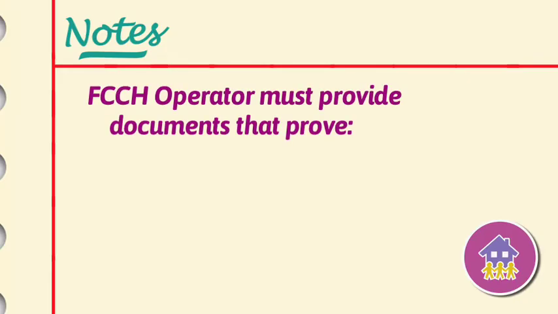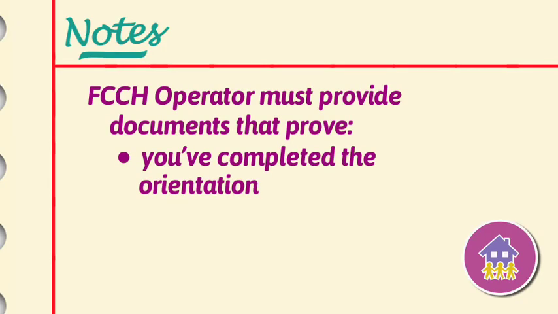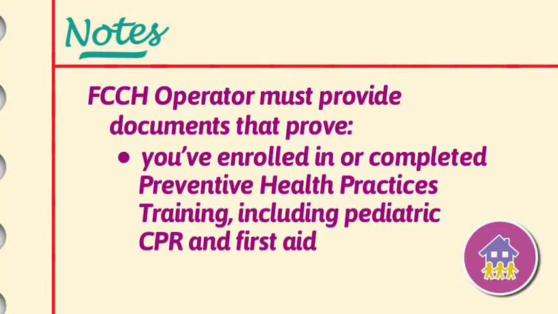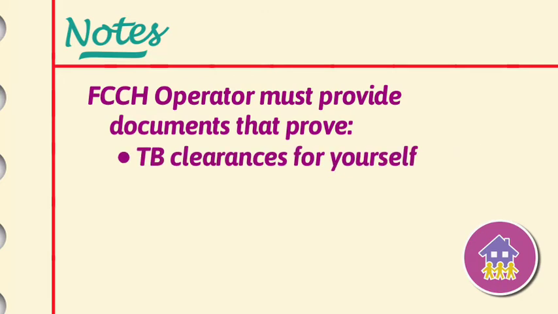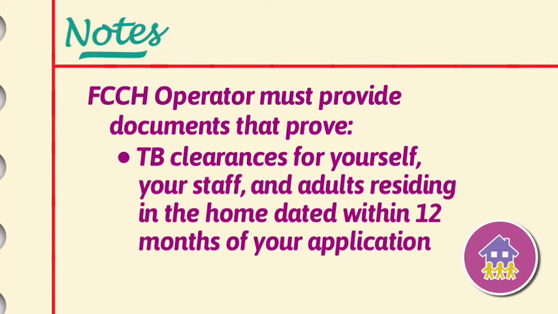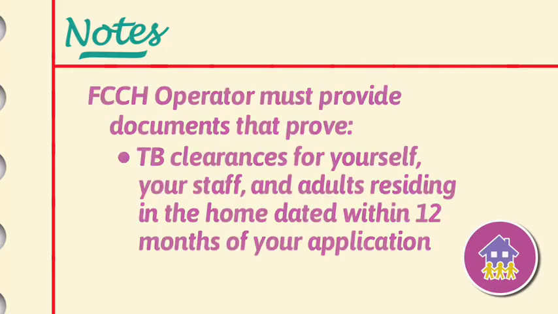You'll also need to provide documents that prove you've completed the orientation, prove that you've enrolled in or completed preventive health practices training, including pediatric CPR and first aid. And you'll need copies of TB clearances for yourself, staff, and adults residing in the home, dated within 12 months of your application.